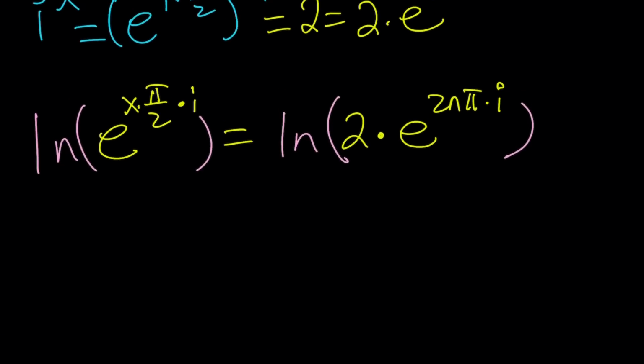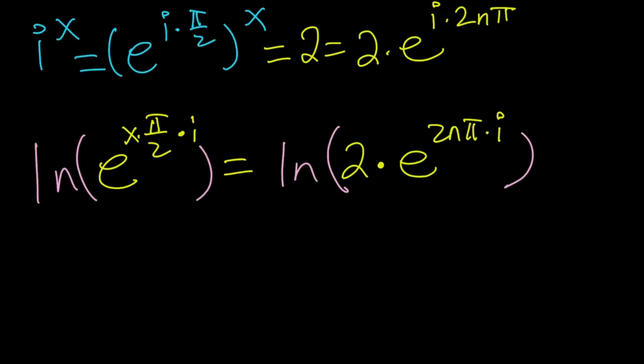Obviously, you could also write it a little differently. Don't write this as 2 pi, but add it later. Same thing, because it's going to turn into 2 pi i. So ln is going to bring down the exponents, so this is going to be x times pi over 2 i. And on the right-hand side, we kind of need to think about the log of a product.